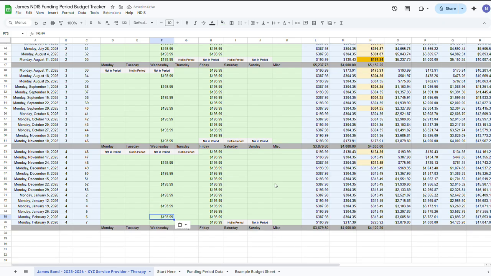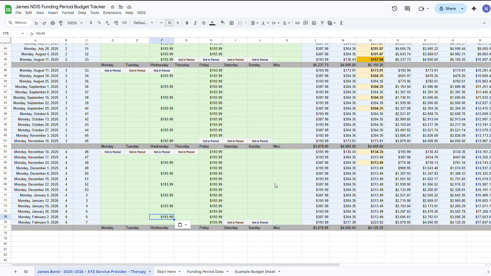Now also, I've asked the NDIS if I need to create some reports for them to go into the next period, and they have said, yes, I need to provide them with some reports.